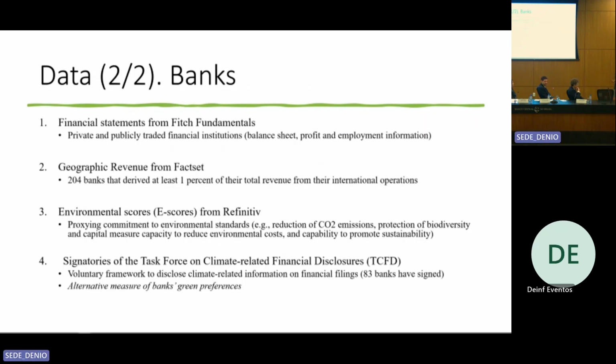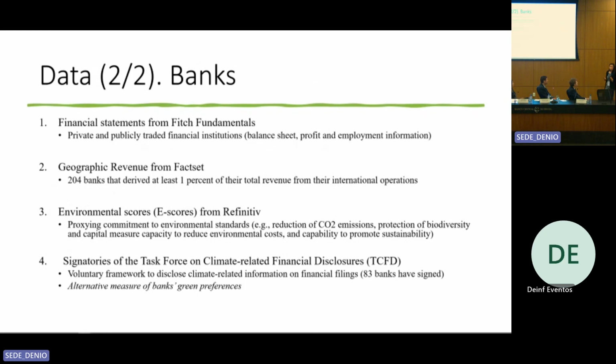We're going to combine this climate policy measure with data on banks. It's coming from the Fitch financial statements, Fitch Fundamentals, typical balance sheet information of all banks. We also see some information on employment of these banks and on their profits. Then to identify in this data set which banks are global, we're going to manually merge our data set with FactSet.